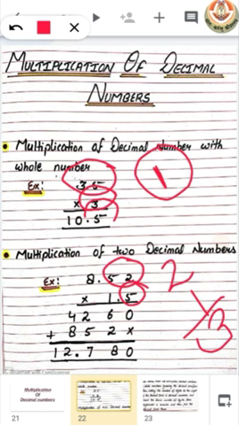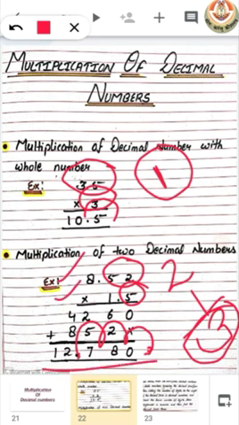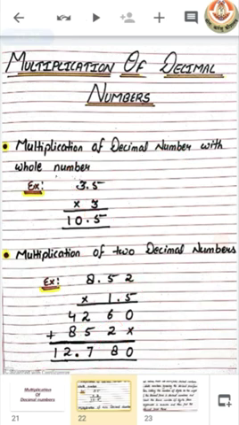Then we count from the rightmost side. So we have to shift the decimal after 3 digits, because we have total 3 digits after the decimal in the decimal numbers which we are multiplying. So our answer is 12.780, meaning the decimal will be placed after 3 digits from the rightmost side.